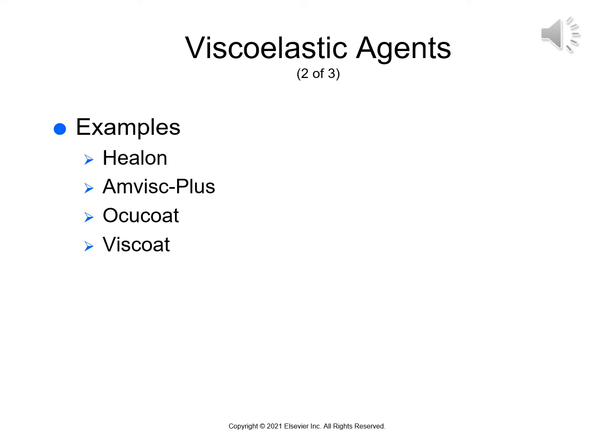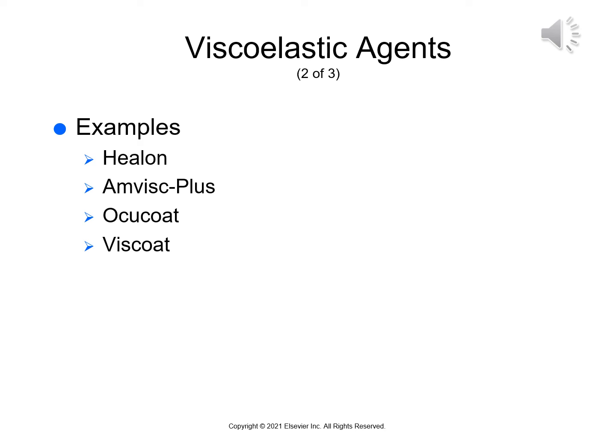Okay, further down in that paragraph it says, note that the term ophthalmic viscosurgical device or OVD is being used for viscoelastic agents because they are no longer considered as the only medications used to maintain space and coat ocular tissues. Rather, they are an integral part of cataract surgery and are being used in combinations as newer techniques for ophthalmic surgery are being developed.